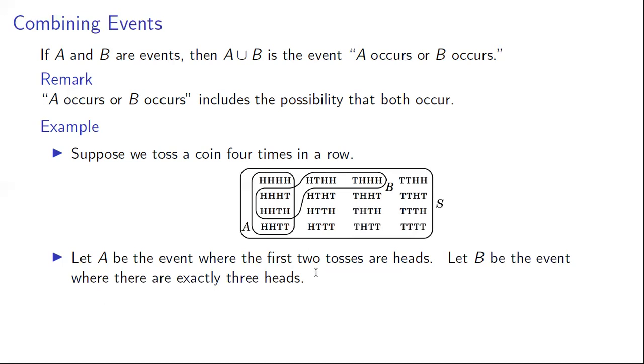Now, very important, notice it is possible for something to fall into both A and B. Like this here, HHHT: the first 2 are heads, and exactly 3 of the 4 are heads. So this falls into both A and B. It's an element of both A and B. And similarly for head, head, tail, head.